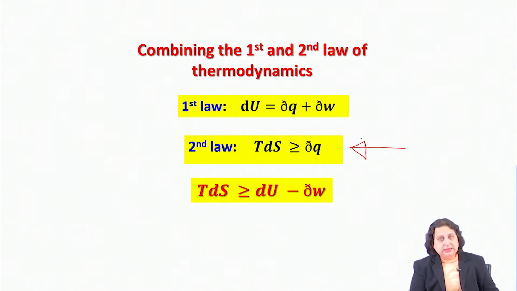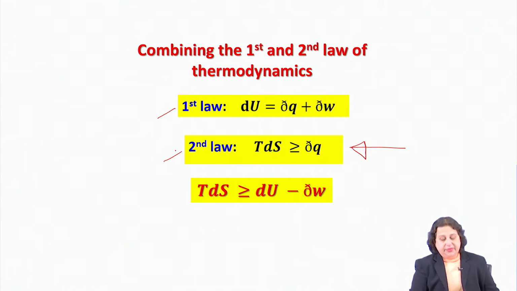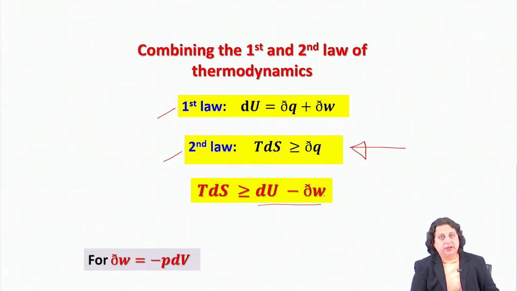So, in this case, if I combine the first and the second law, in general, I can write TdS must be greater than or equal to dU minus dw. And the equality sign holds when I'm looking at reversible processes, which means that the system is in equilibrium with its surroundings. Now, if I have dw equal to minus pdV, then I can very easily replace this dw by minus pdV.